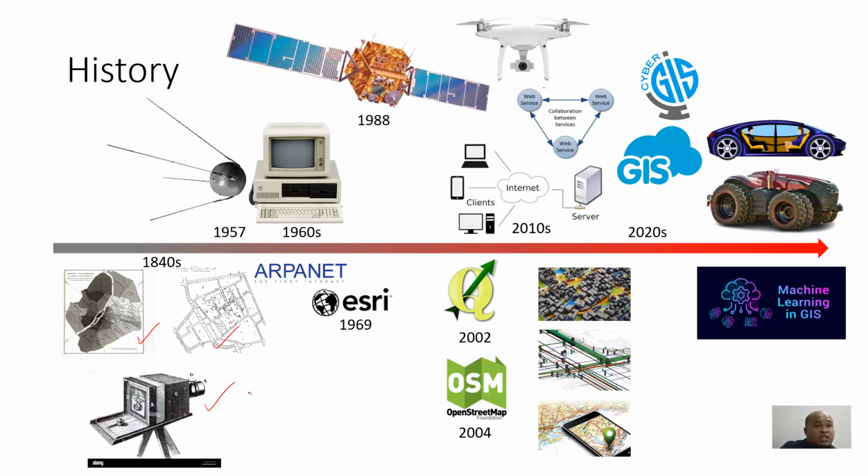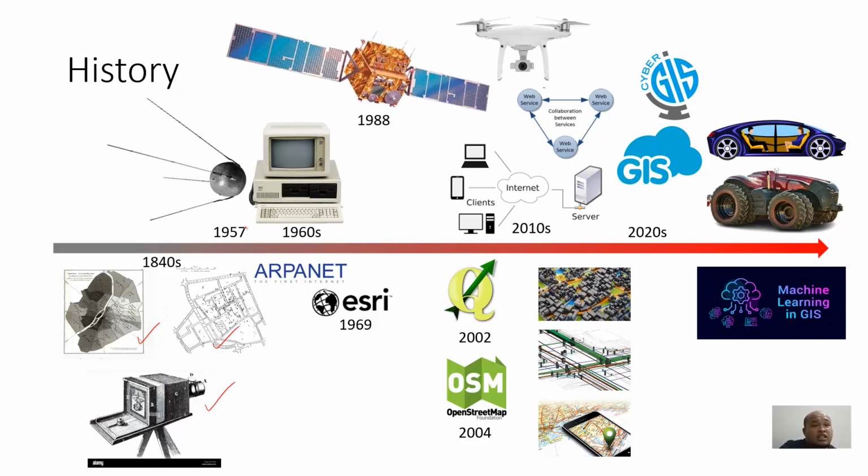Photogrammetry is one of the data sources for GIS. We require photogrammetry in order to do the mapping, to do the tracing of that particular area, right? So it started way back in the 1840s.